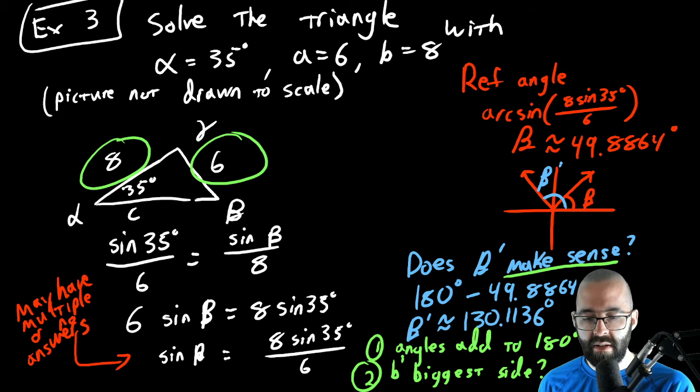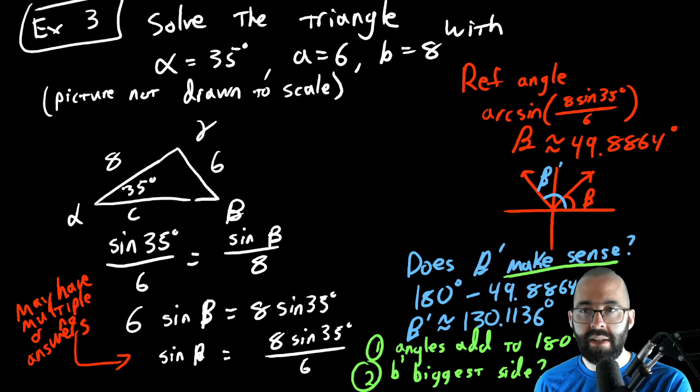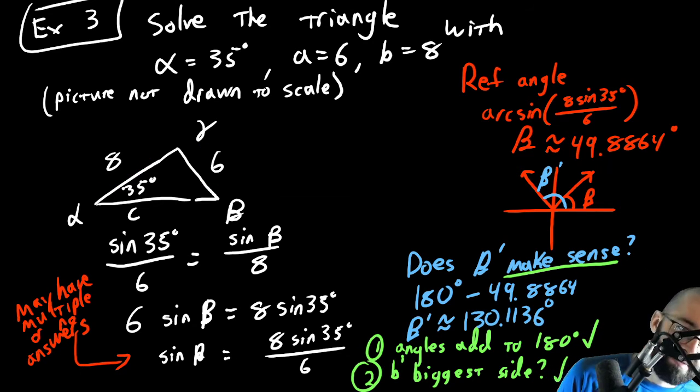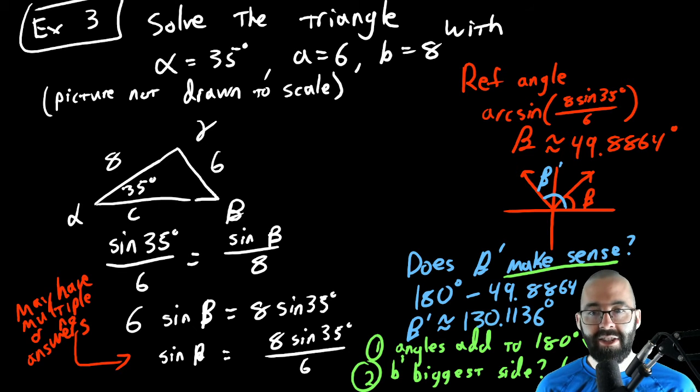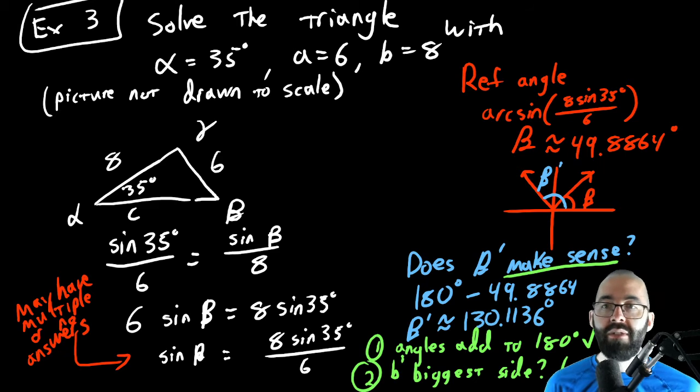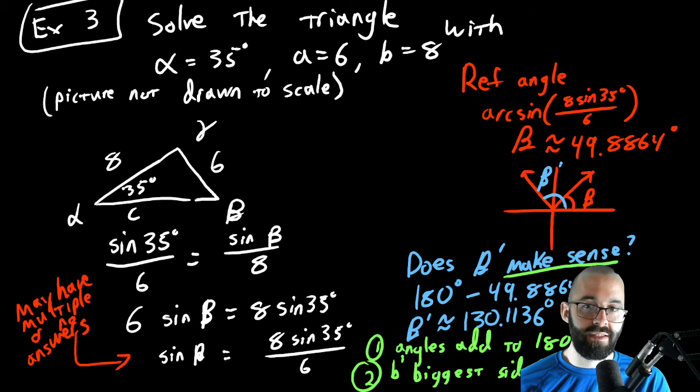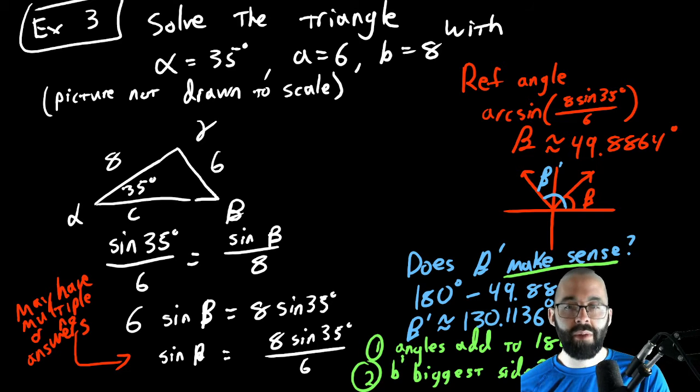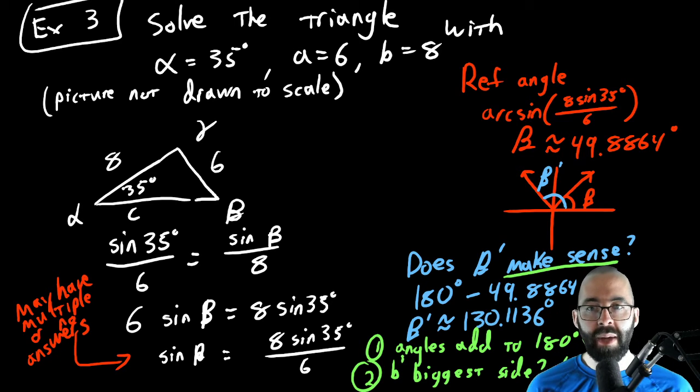Well, so far, yeah. B prime would be the biggest side. So in this case, add another check mark. Both beta and beta prime make sense. We have two answers. All right. One with a big angle for beta, one with a small angle for beta.